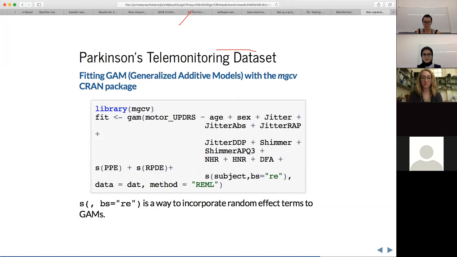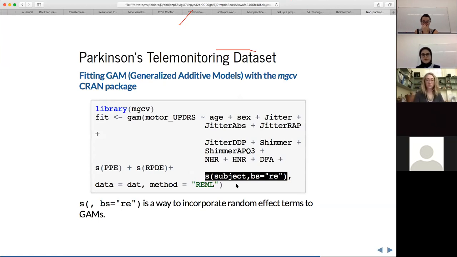And of course, because we are working on patient data, we expect the observations coming from one single subject to be more correlated compared to measurements or records from different patients or different individuals.